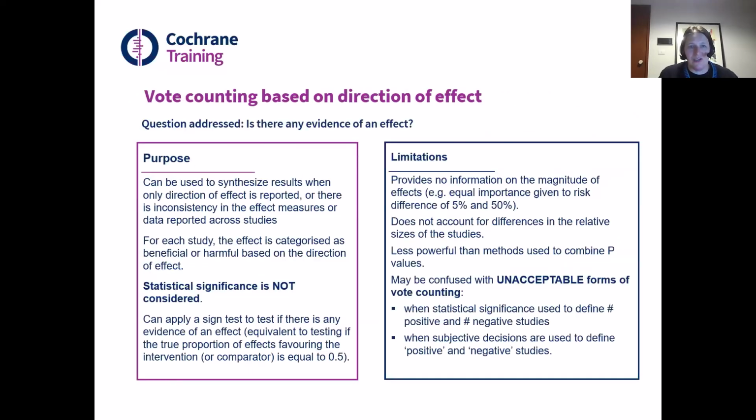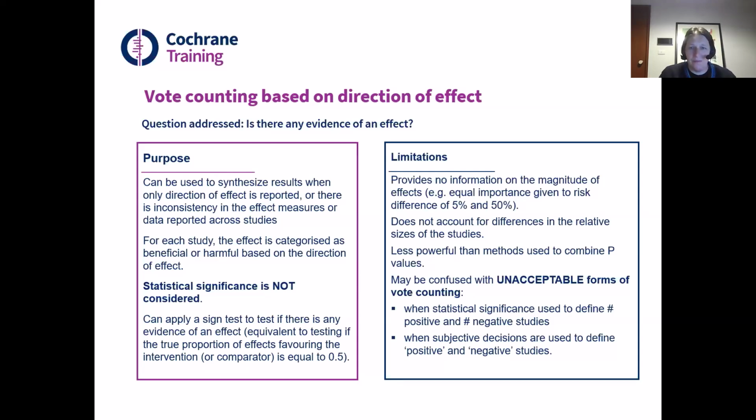So the limitation of this method is that it provides no information on the magnitude of effects. Equal importance is given to a risk difference of 5% and 50%, and obviously that's not ideal, because for clinical decision making these could have very different implications. It doesn't account for differences in the relative size of the studies.